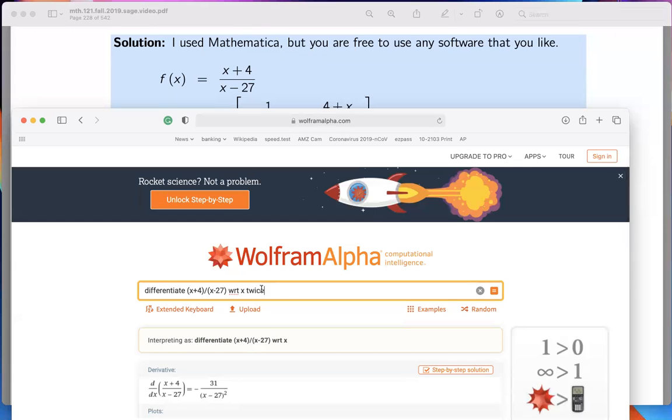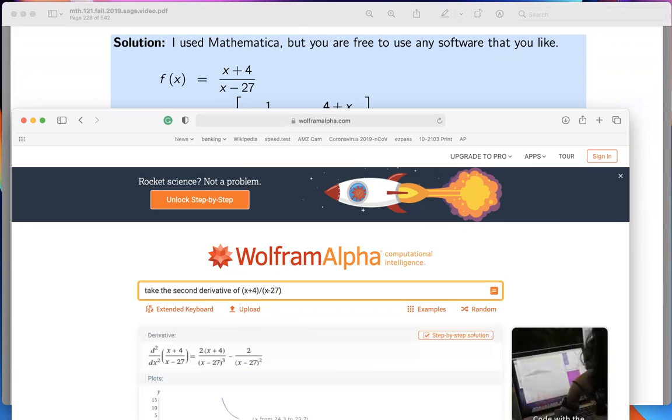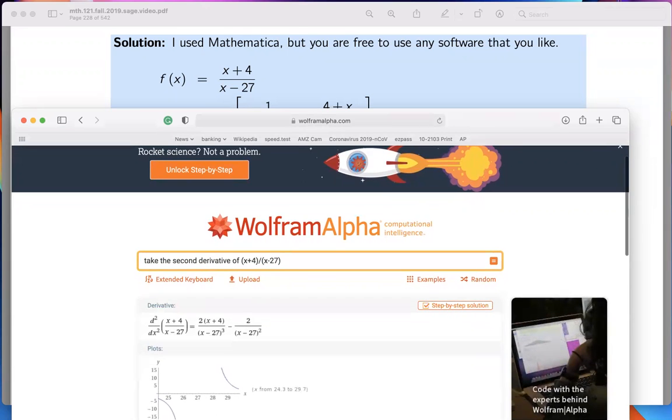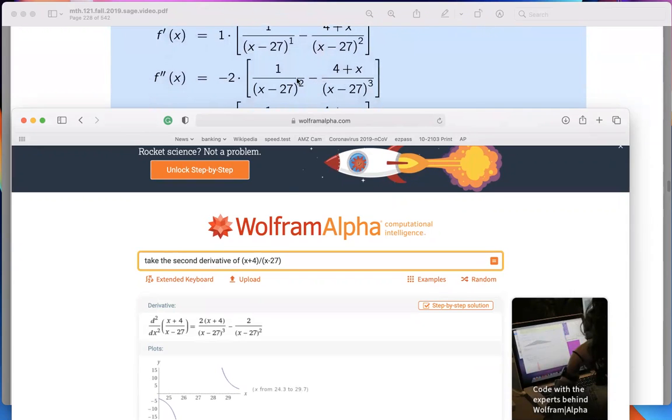So I'm going to say, take the second derivative of. Yeah, it understood that, by the way. I'm having a tough time with this, and you might be, but I'm wondering, did I get the same answer? Well, I factored out the 2 because it really annoyed me, and I'm getting the same answer. Yep, getting the same answer.